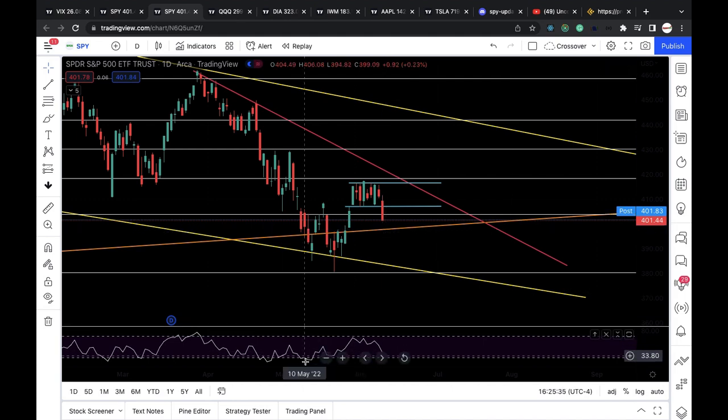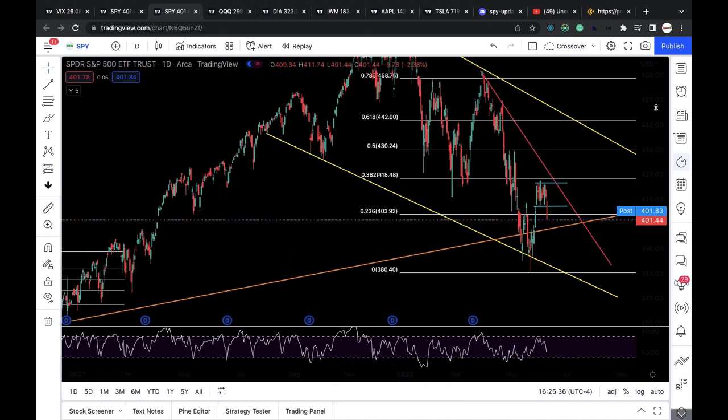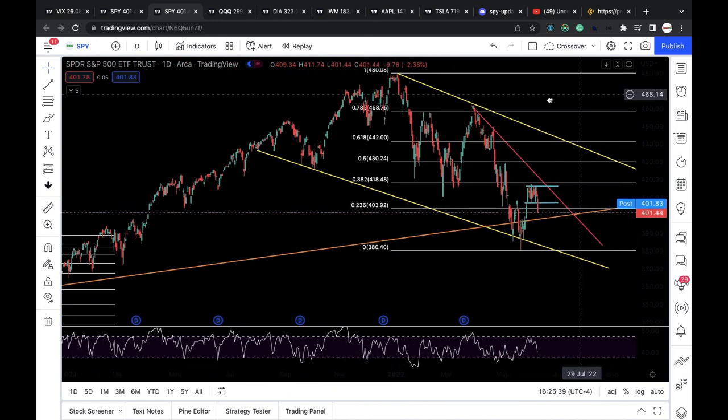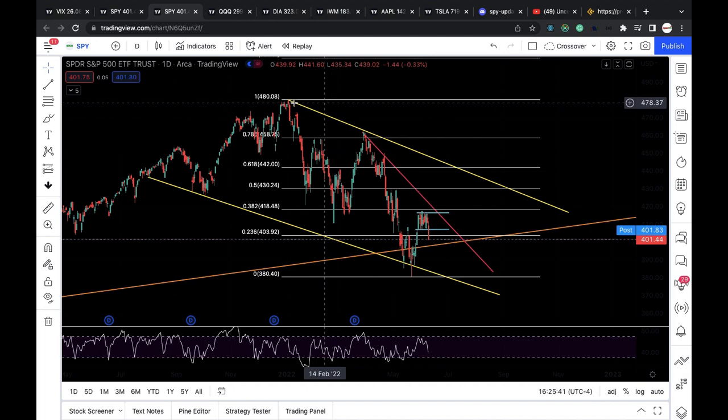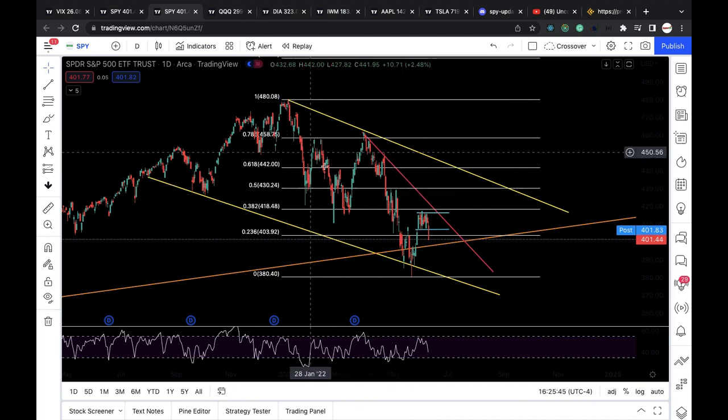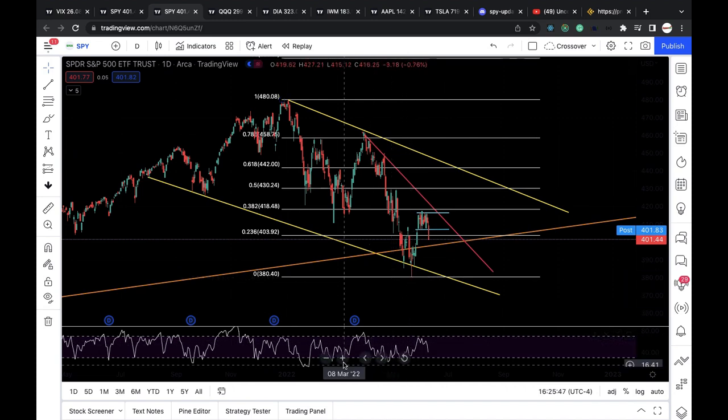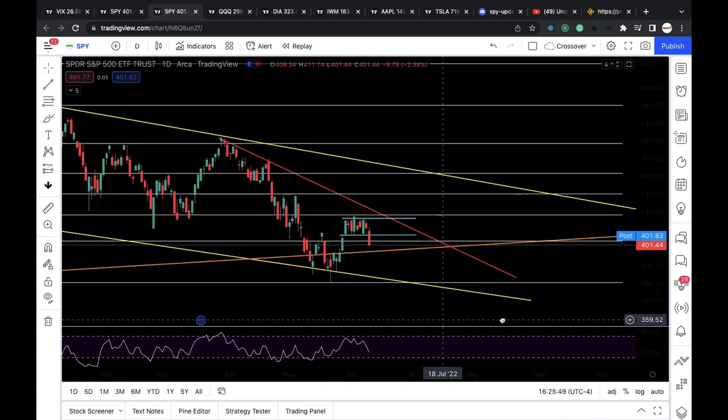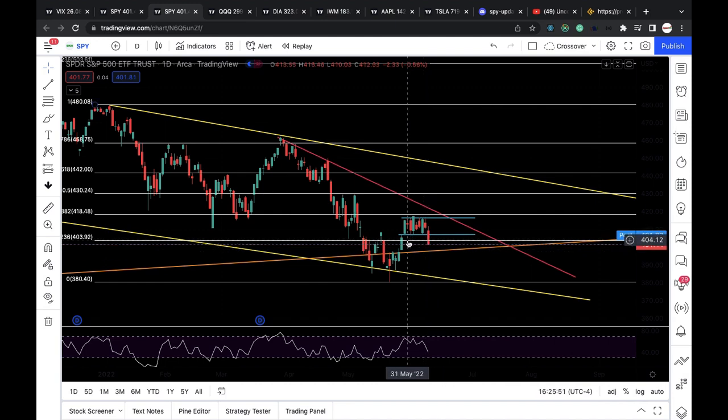Okay, now another thing I want to talk about, because I love to use my Fibonacci levels. Okay, I have my fib levels from the January high to the May low, and as you can see, we've been on a downtrend. Okay, today the SPY has lost that 23.6 retracement level.